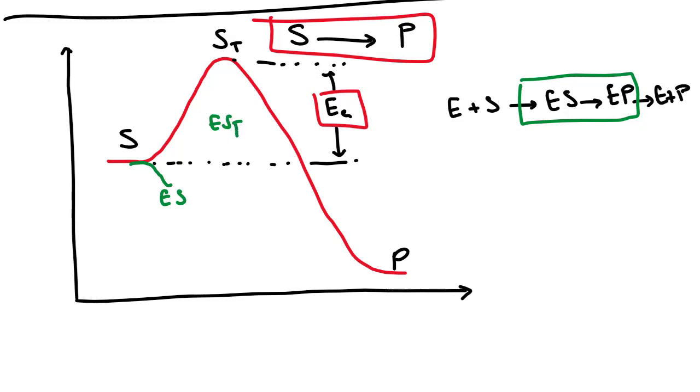EST. So the reaction moves up to there, but since the enzyme is binding tightly to the transition state, part of this difference between here and here is that negative delta G standard of binding for the enzyme to the transition state.